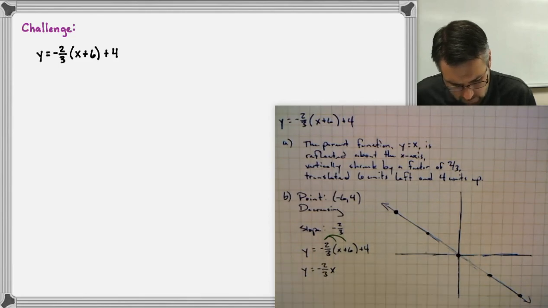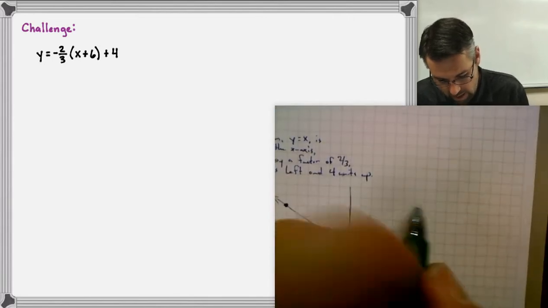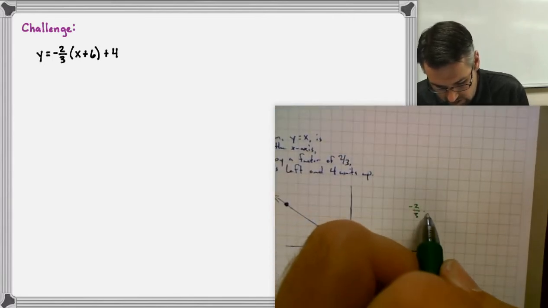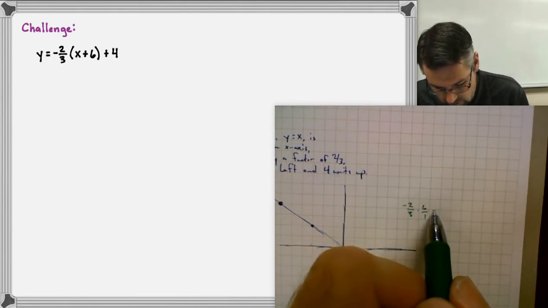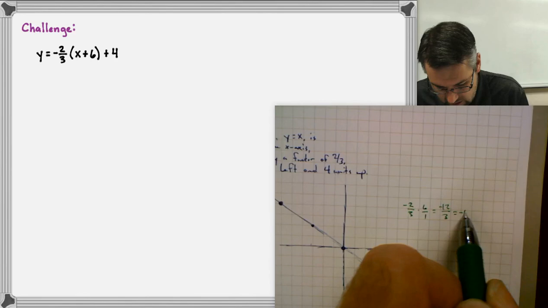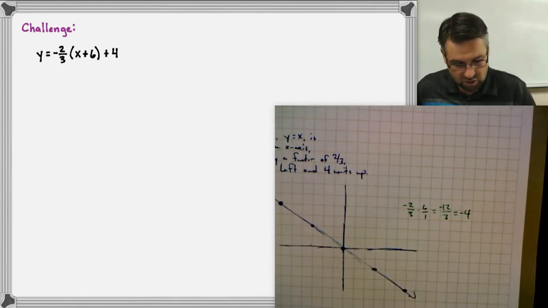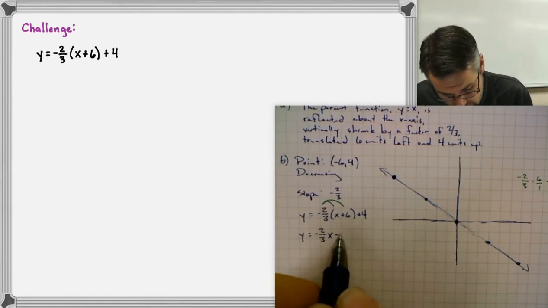Well, what's -2/3 times 6? Let me do that work off to the side here. -2/3 times 6, remember that's 6 over 1. So -2 times 6 is -12. 3 times 1 is 3, and that reduces to -4. And so when I distribute that, the -2/3 times the 6, I end up with -4.